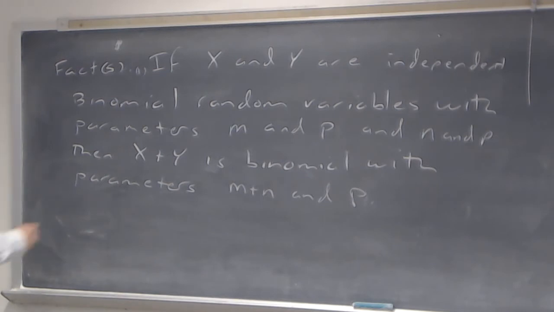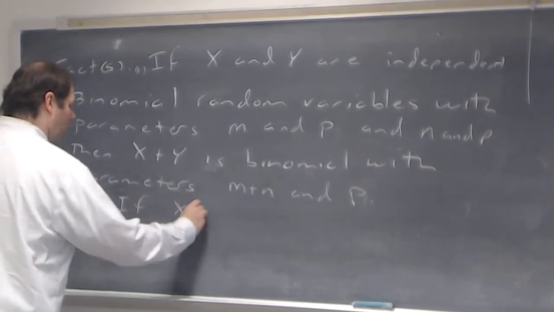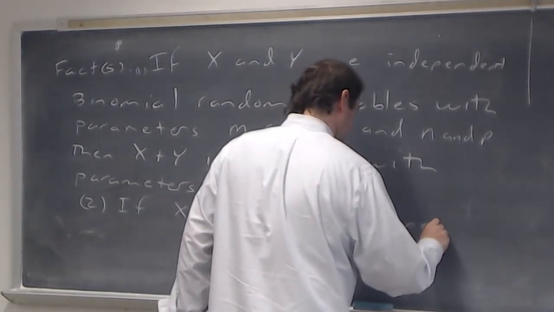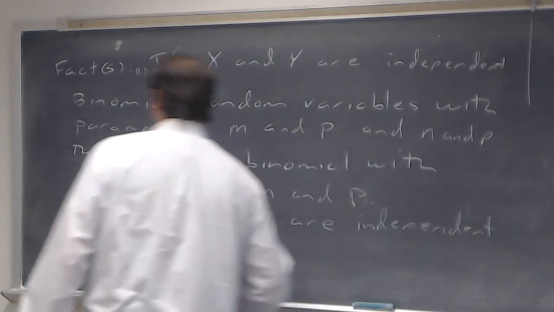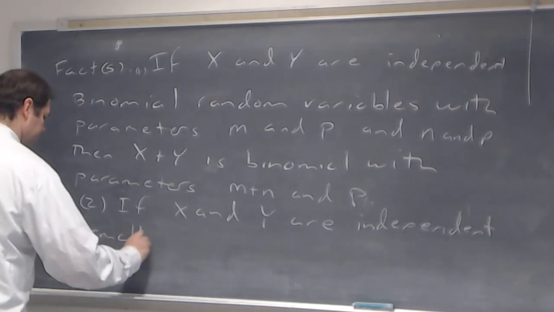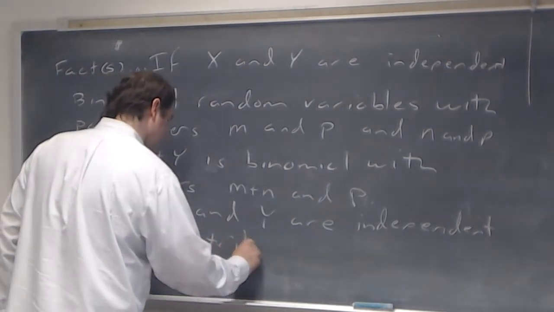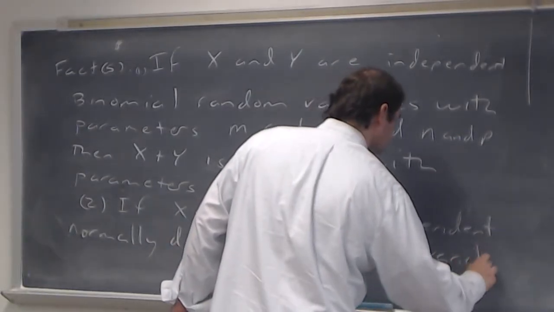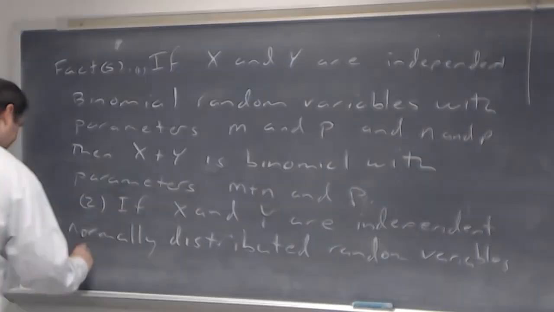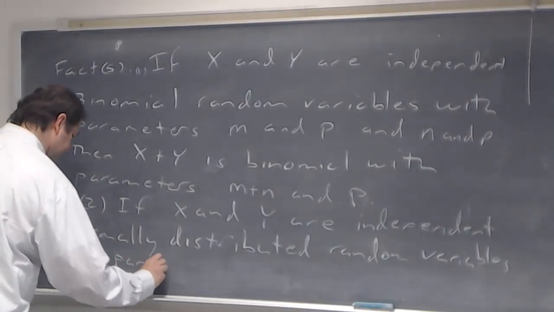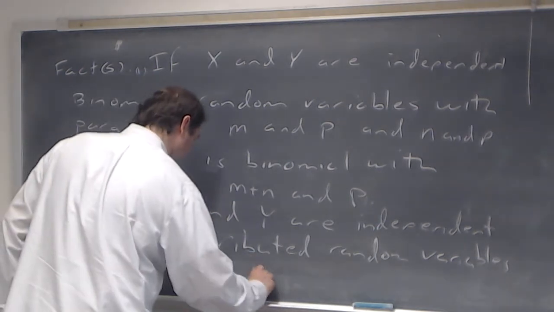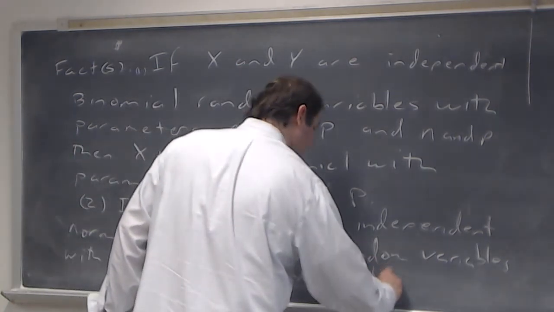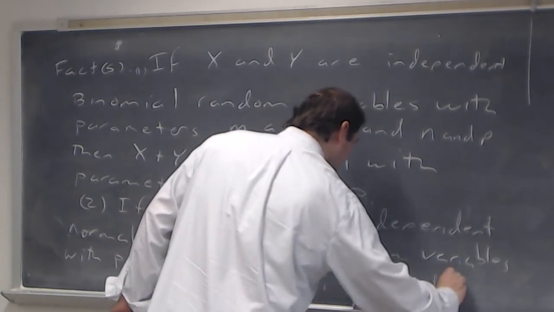That's what we have. And secondly, if X and Y are independent normally distributed random variables with parameters, for each one of them they have two, mu sub 1 and sigma sub 1 squared, and let's say mu sub 2 and sigma sub 2 squared.